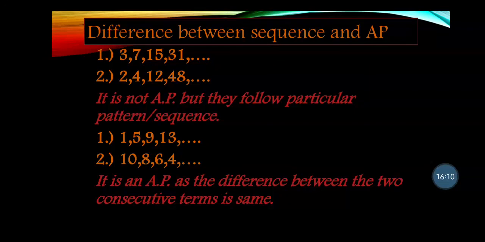Now let's see the second one. Here the numbers are decreasing by 2. So in both the first and the second example there is a common difference. First example the common difference is 4 and in the second example the common difference is -2. So it is an example of AP as the difference between two consecutive terms is the same.